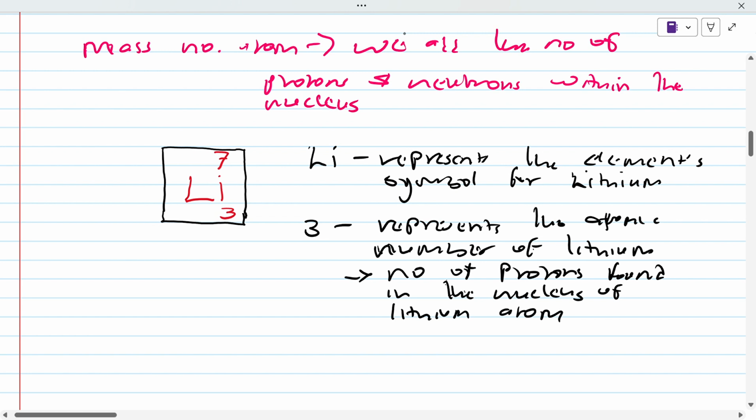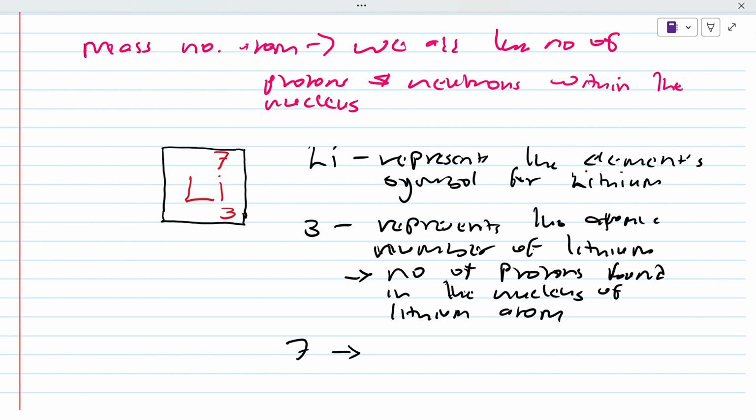And 7, I'm using 7 because 7 is always an average, but in most periodic tables you might find 6.9. Because we are beginning to understand chemistry, this is still chemistry for O level, you can sometimes find periodic tables using 6.9 or 7.